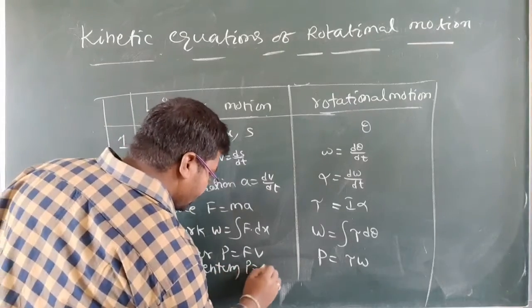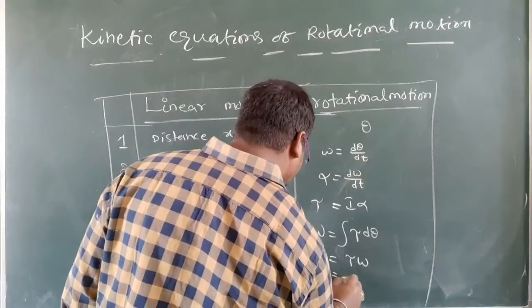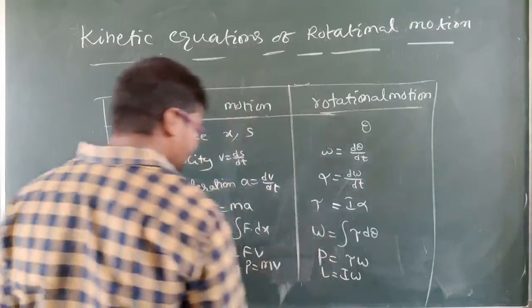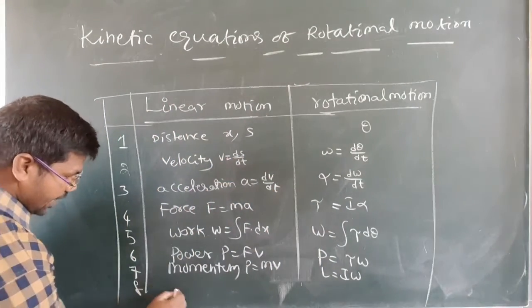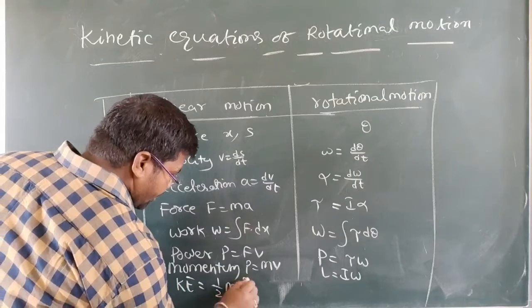Next, linear momentum: P is equal to mv. Here angular momentum L is equal to I omega. Understand, my children? 8th one, kinetic energy: 1 by 2 mv square.